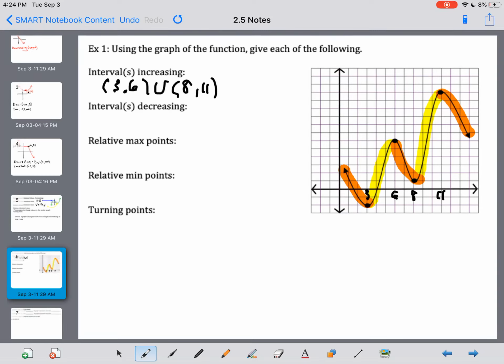So that first interval would actually be from negative infinity all the way up to 3. Union that with 6 to 8. And then union that with 11 to positive infinity.